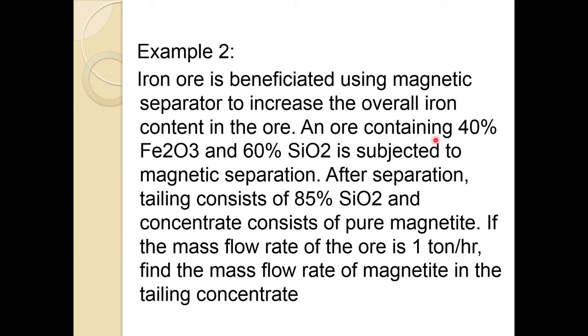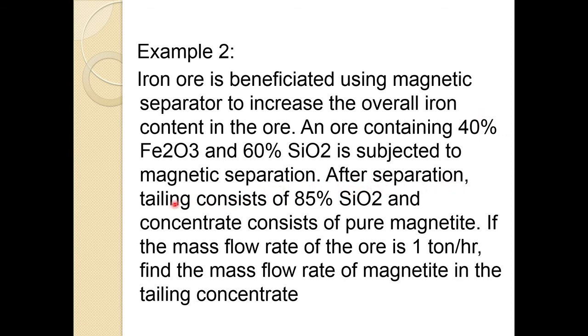An ore containing 40% hematite and 60% silica is subjected to magnetic separation. You will see the percentage of hematite is quite low, so we have to increase that.